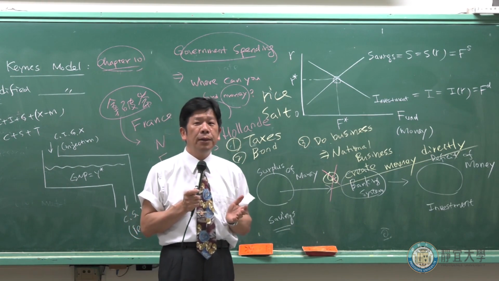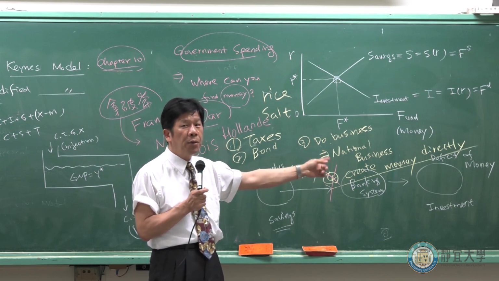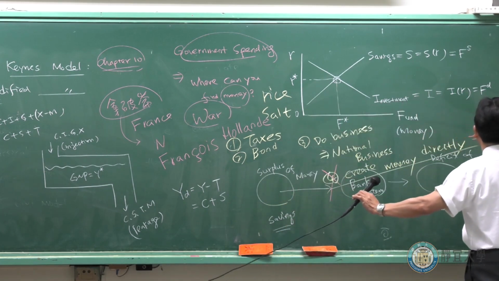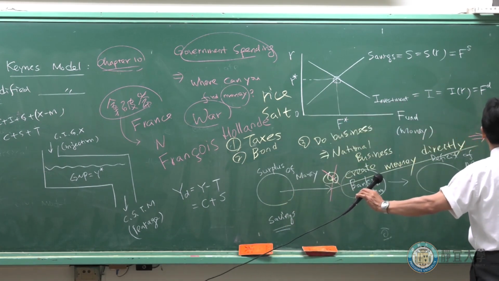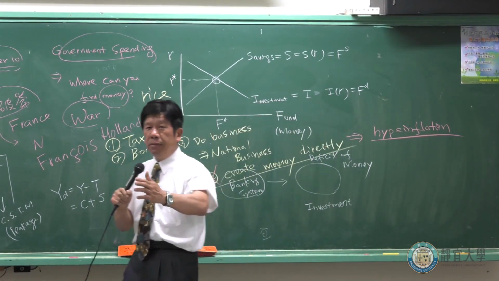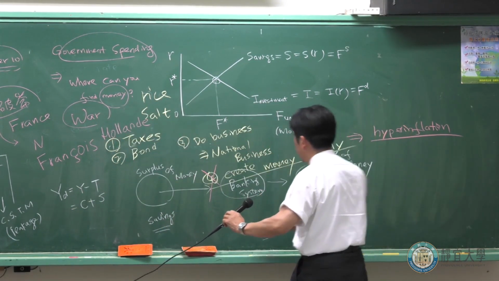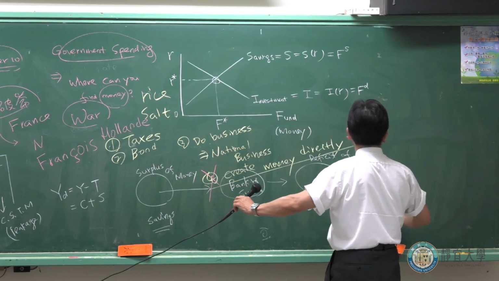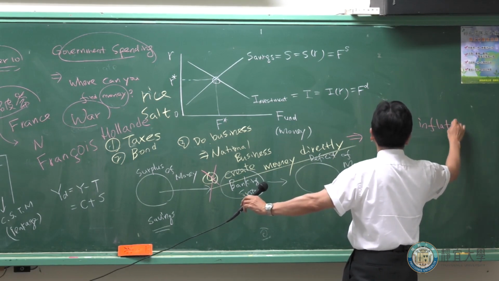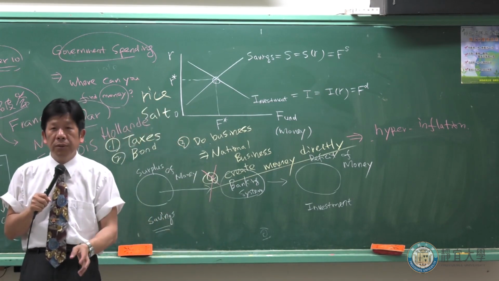You know why? If the government wants revenue and they create the money directly, then they will have hyperinflation. This is the reason for hyperinflation, and then this country will get into big trouble.